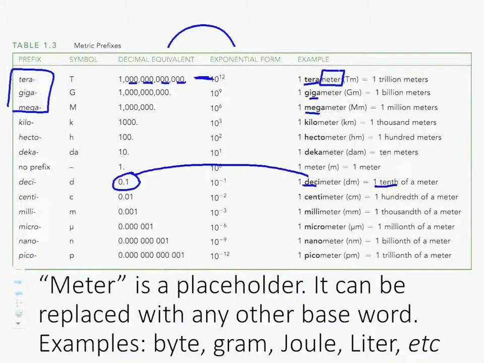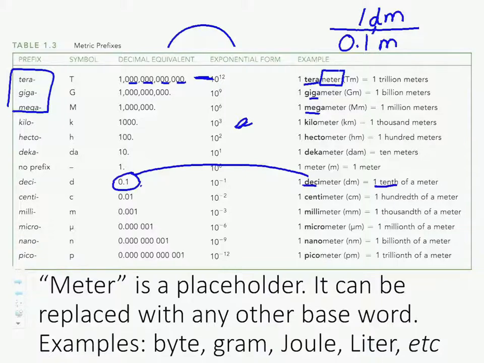So whenever you write 1 decimeter, instead of having the deci prefix, you can simply put 0.1, so 1 decimeter equals 0.1 meters.